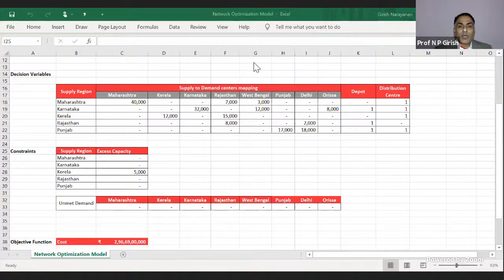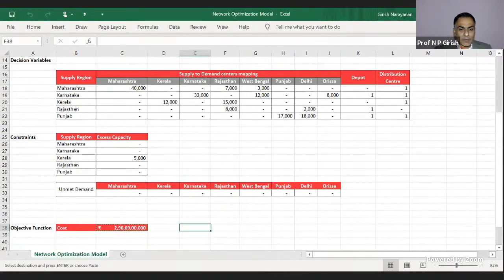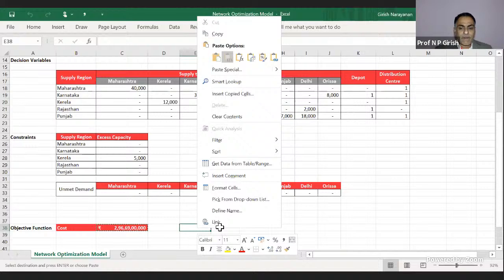So now, right. So what is the cost? This is the cost. Whatever is the value, too large a value, not able to. All right.